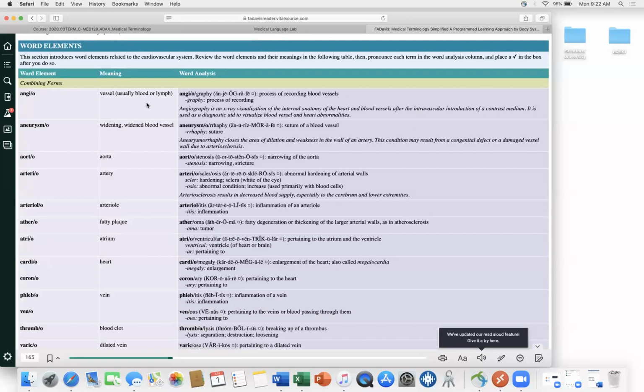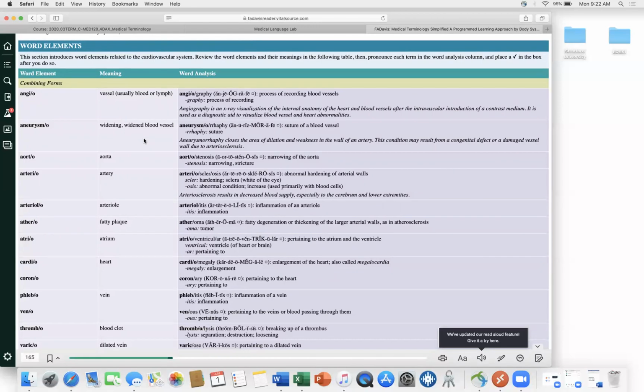Angio means vessel or blood vessel. Graphy, and remember, is a process of recording. So it's a process of recording your blood vessels. And we do a lot of angiography for, let's say, for example, you had a heart attack. We want to know where exactly was the blockage of which coronary artery, and angiography will tell us that.